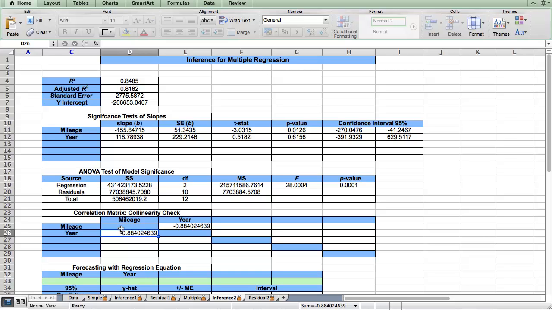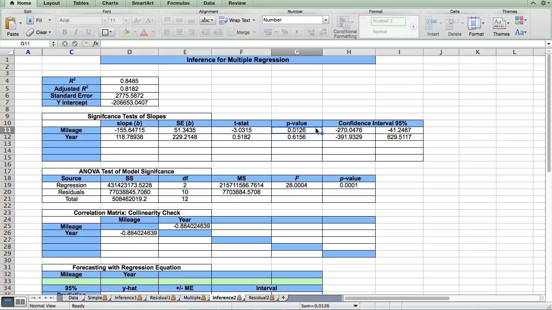And in fact, that linear relationship is very strong. So mileage and year, we would say, are collinear variables. And the p-value is indicating to us that all of the explanatory power that we would get from the year of the Corvette, we're already getting from the mileage of the Corvette.